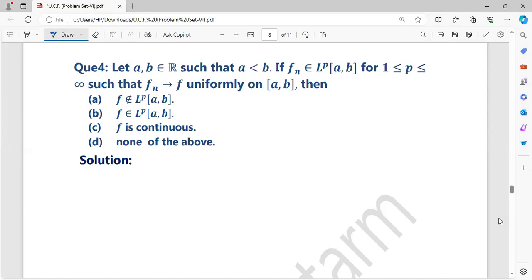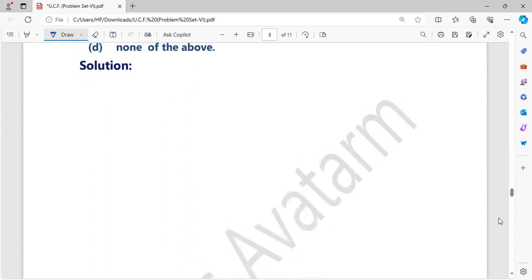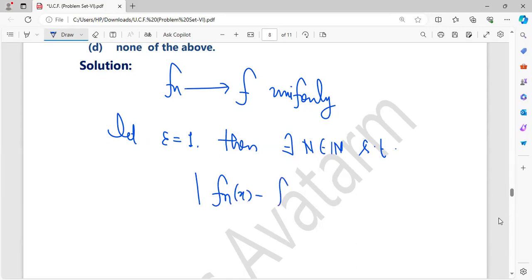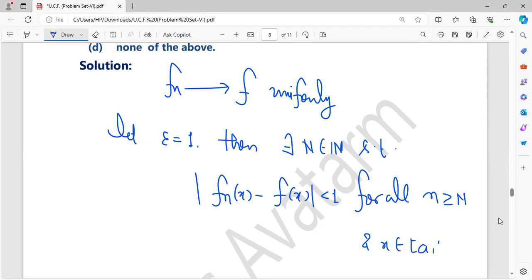So let's see this example. Fn converges to F uniformly. Let epsilon be 1. Then there exists N belonging to the natural numbers such that |Fn(x) minus F(x)| is less than 1 for all n greater than capital N and x belongs to the closed interval AB.